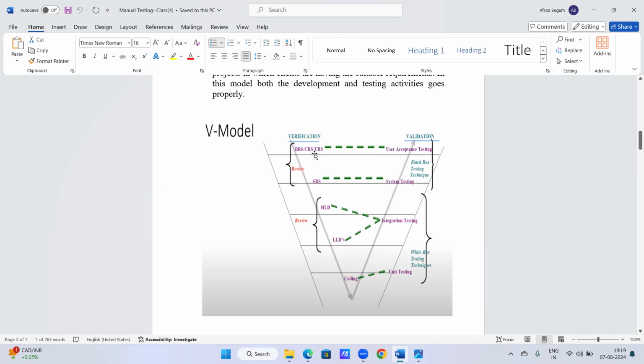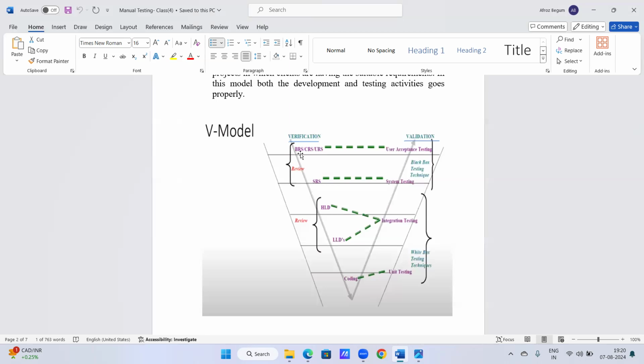BRS means business requirement specification, CRS means customer requirement specification, and URS means user requirement specification. The terminologies are different, but the context is same. They're talking about one document only.